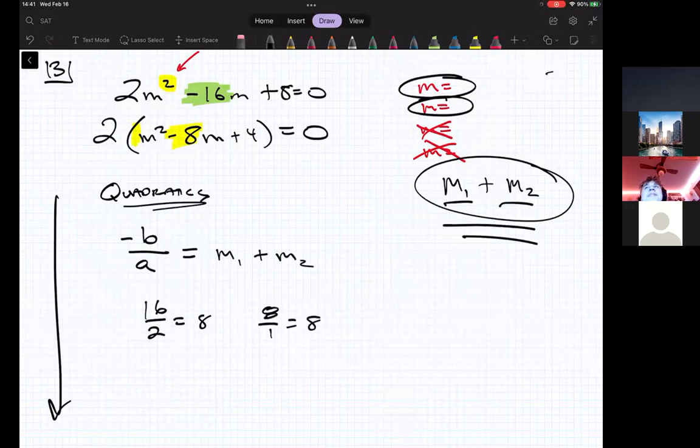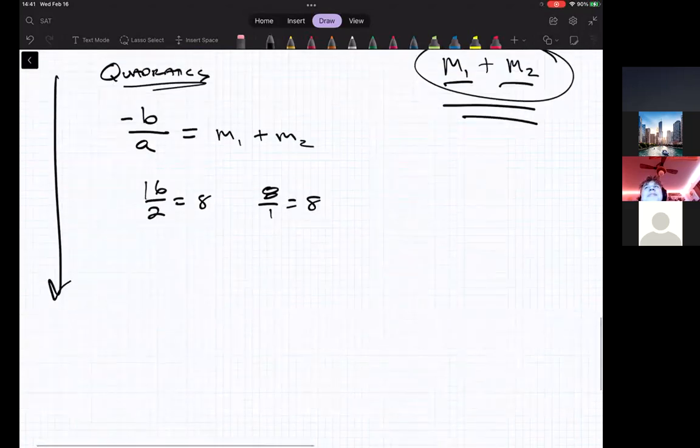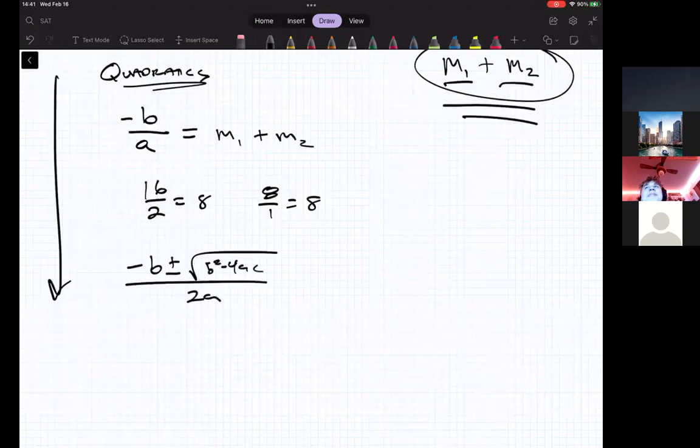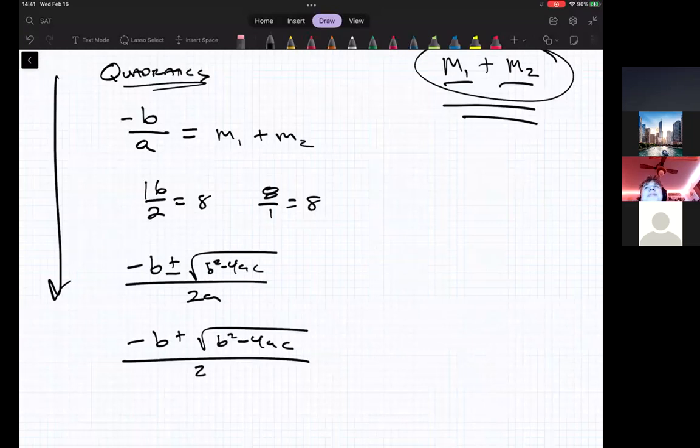Okay? The reason this works, I'm going to give you guys a very short proof. Opposite of b plus or minus the square root of stuff. Well, I'll actually write it out so you can see. I'm basically taking the positive one and the negative one, and I am adding them together.